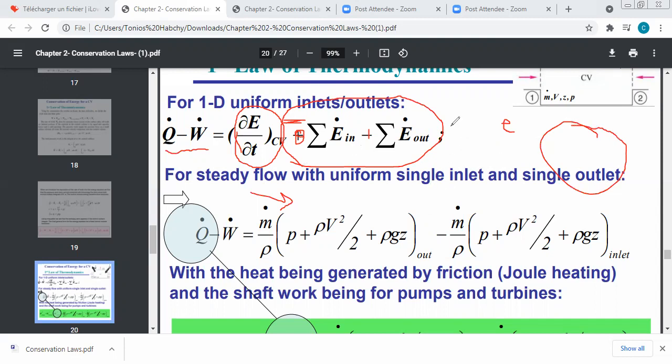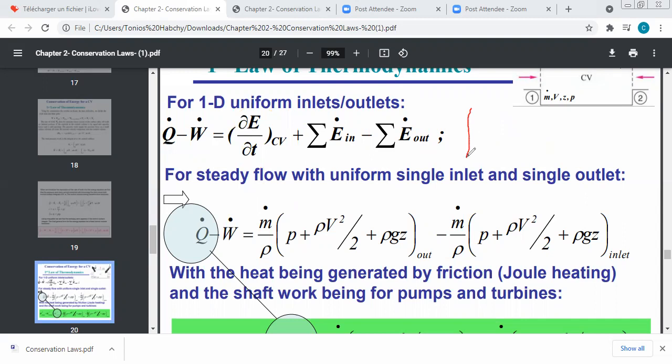It comes from the integral over the control surface of rho times the property we are studying, which is E, the specific energy, times V dot N dA.